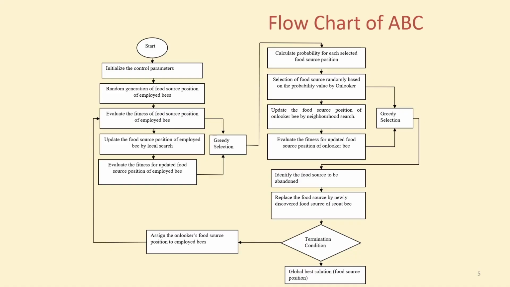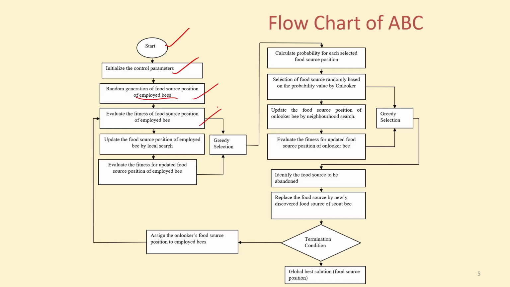We derive that process as a flowchart. To start the process, initialize the control parameters. Of course, we do not yet know what control parameters are needed. Let me see those control parameters in the subsequent slides. Then randomly generate the food source positions of the employed bees, and evaluate the food source.